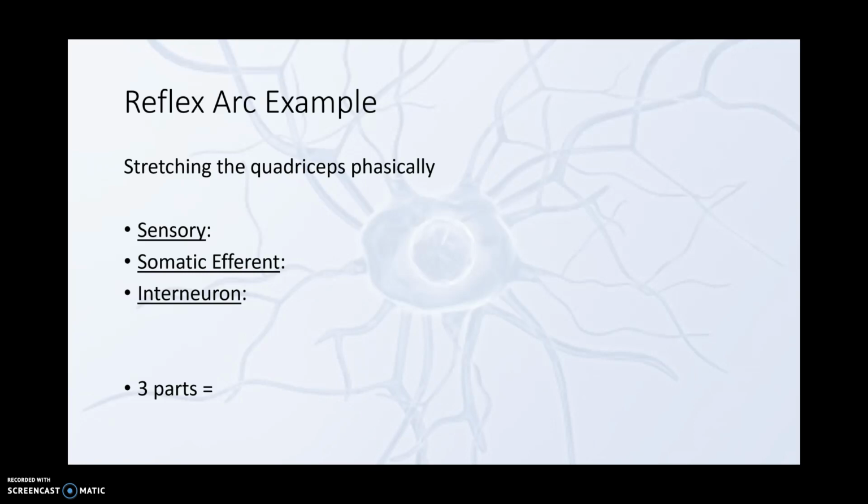So this total gives us all three parts. One, our sensory input. Two, our interneuron is going to induce relaxation for the hamstring portion of this, and motor, two parts. One is to activate the quadriceps to contract, and one is to inhibit the hamstrings. So this reflex arc example is explaining both what happens at the level of the quadriceps and the hamstrings.